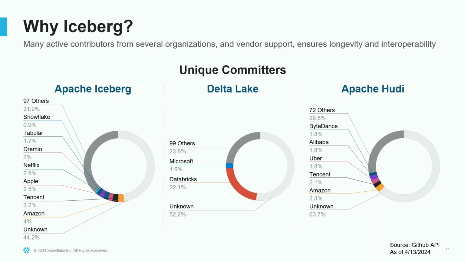So why choose Iceberg? The Apache Iceberg community has a mix of organizations. We are talking about Apple, AWS, Azure, Snowflake included, and many other companies actively contributing to the Apache Iceberg community, versus a closed-gate table format like Delta Lake, where all the checks and balances, all the commits, have to go through one single company, Databricks.